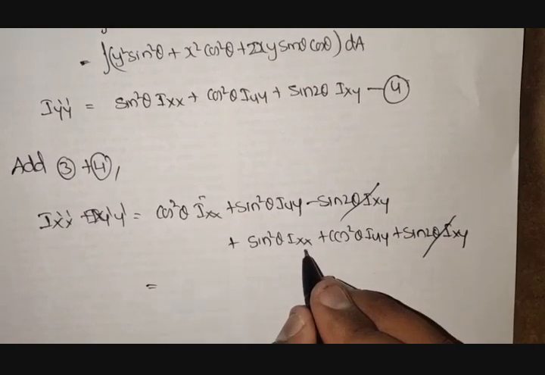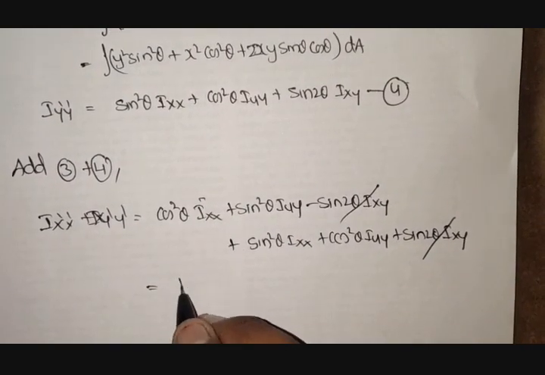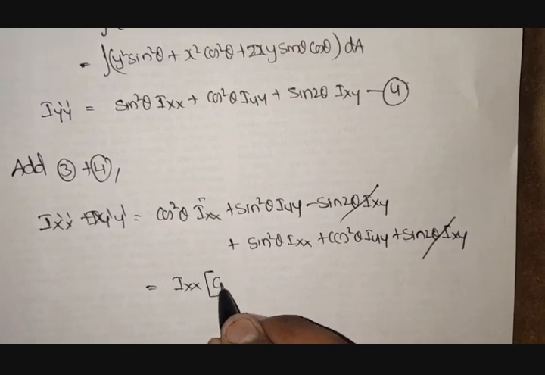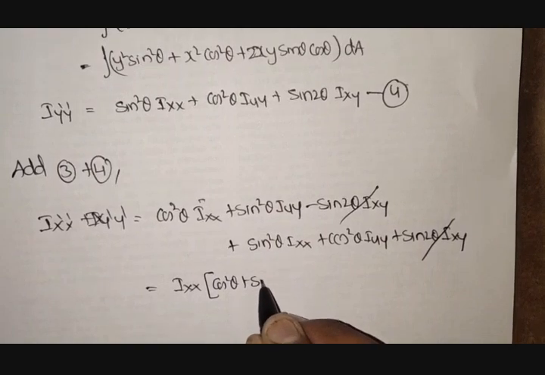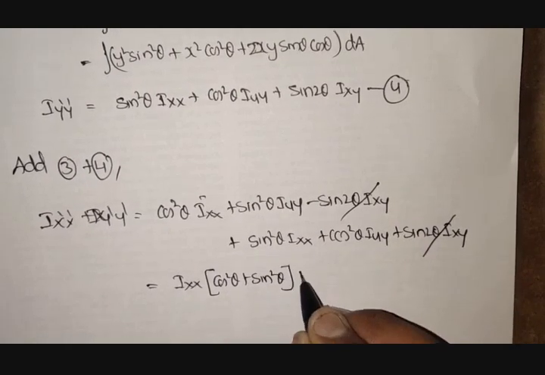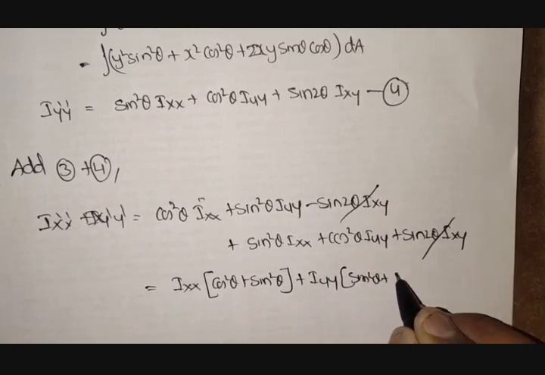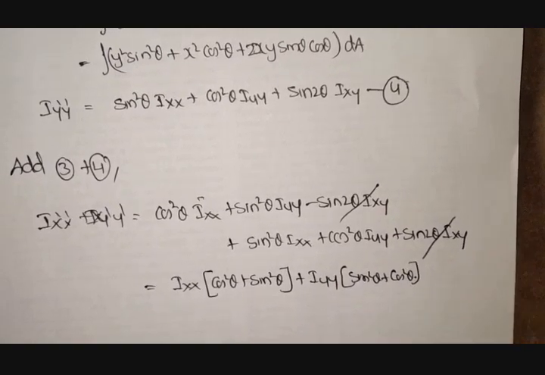Then separating Ixx and Iyy, Ixx is multiplied by cos square theta plus sin square theta, and similarly Iyy by sin square theta plus cos square theta.